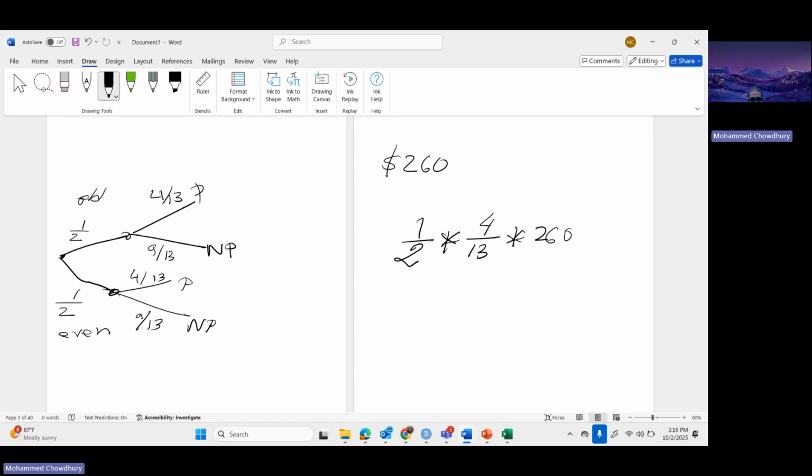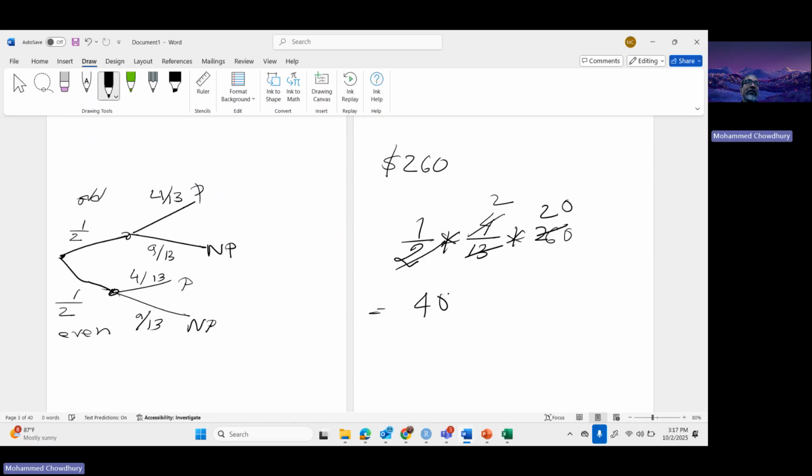This is how many people won. So this is equal to 2/13.